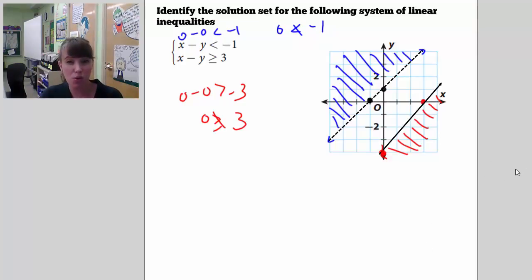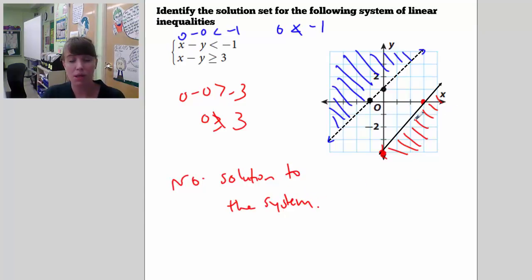So there's no solution to the system of inequalities. No solution to the system. Okay, because each inequality has its own solution set, but there's no overlapping shaded region.